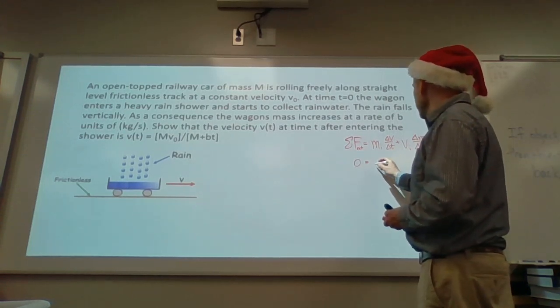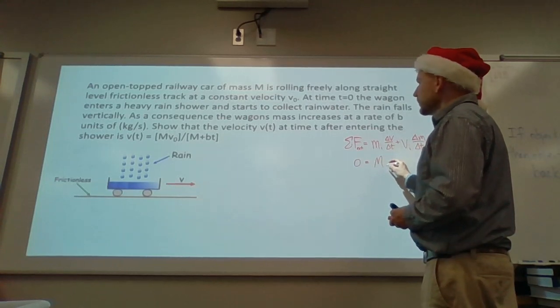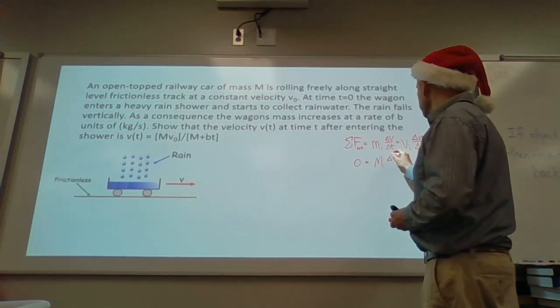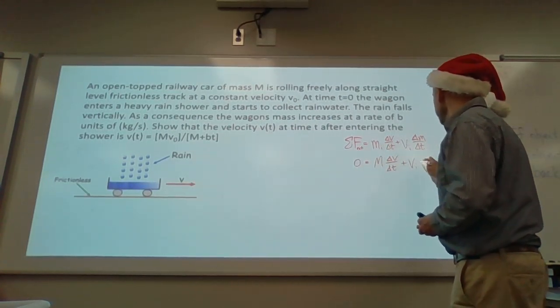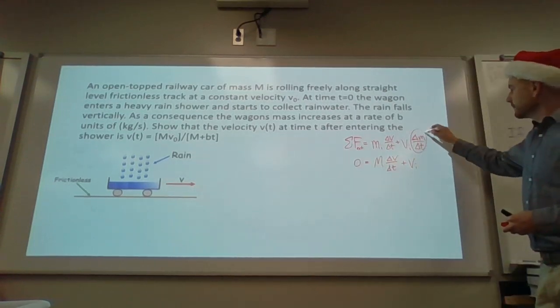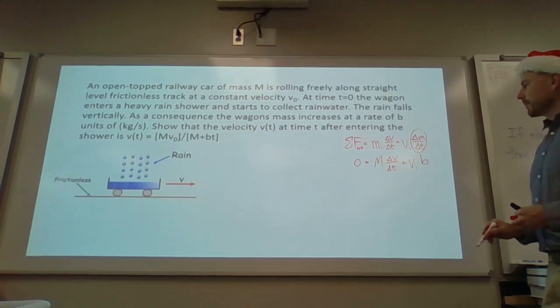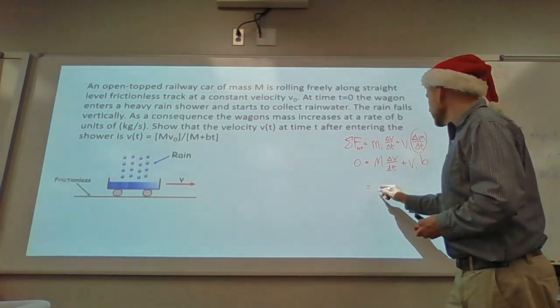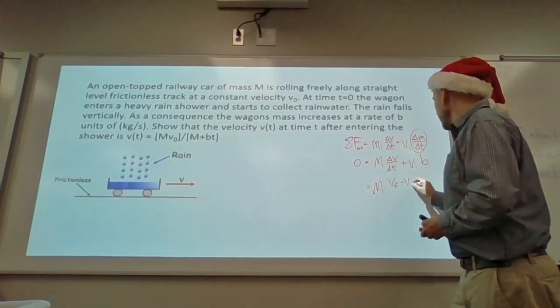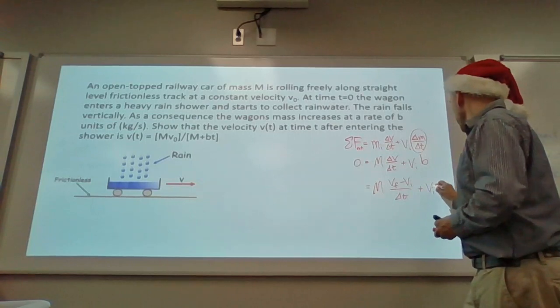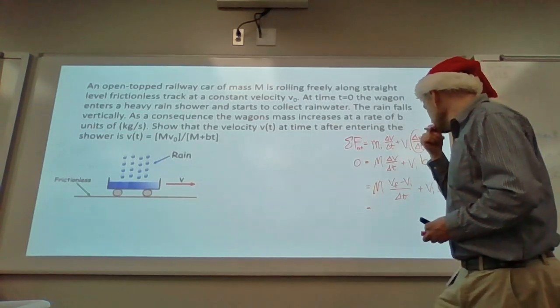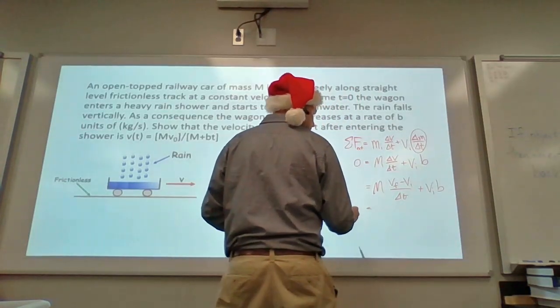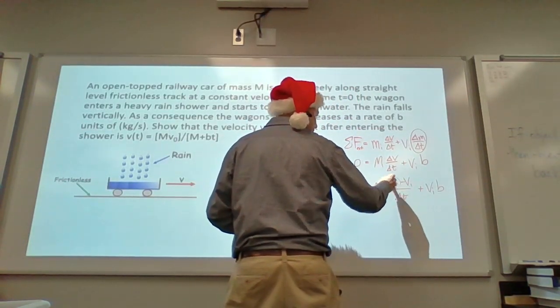So the initial momentum of the system is capital M times the initial velocity, and then this is B. I'm looking for an expression for this.